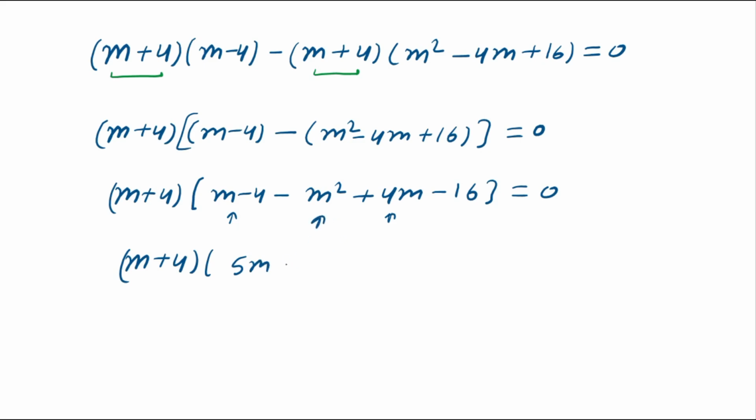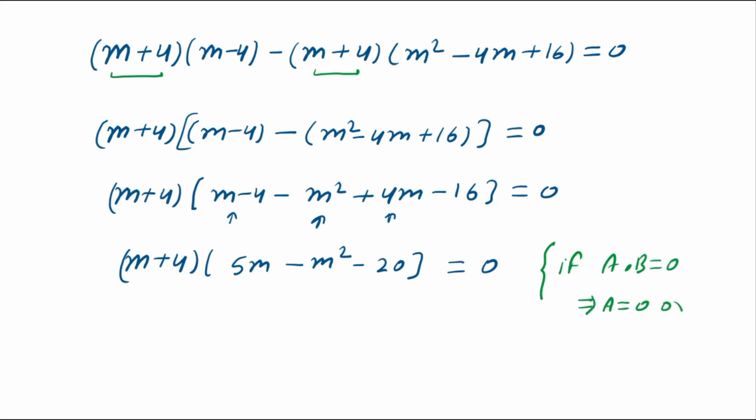Here minus m square, here minus 4, and here minus 16, this is minus 20, and this is equal to 0. Now we will apply this rule: if a times b is equal to 0, this implies a is equal to 0 or b is equal to 0.